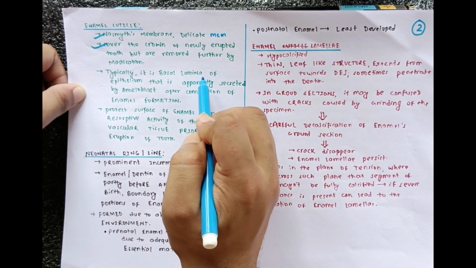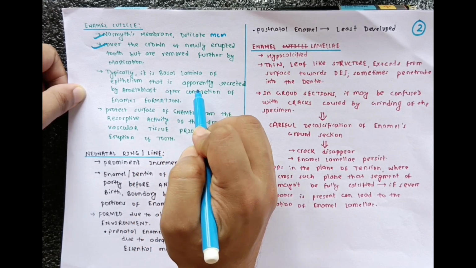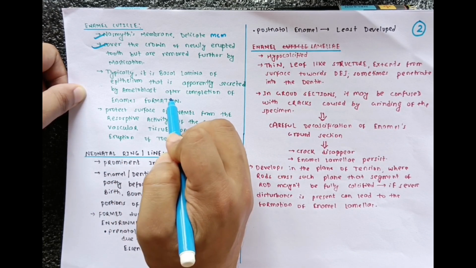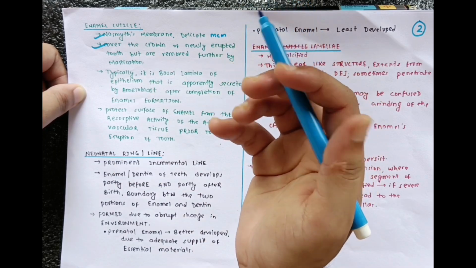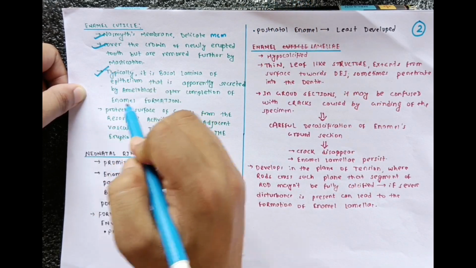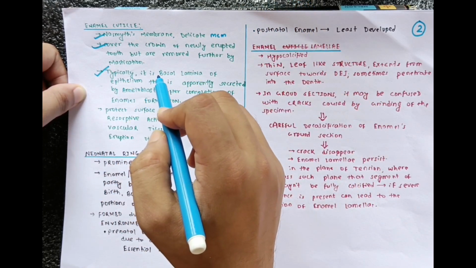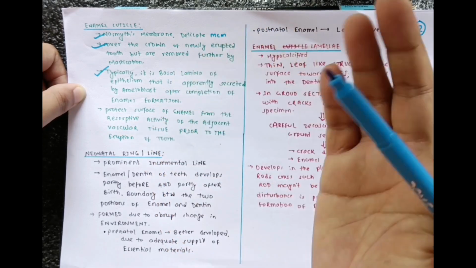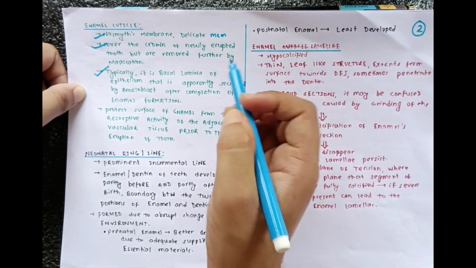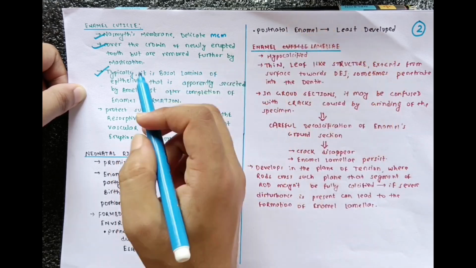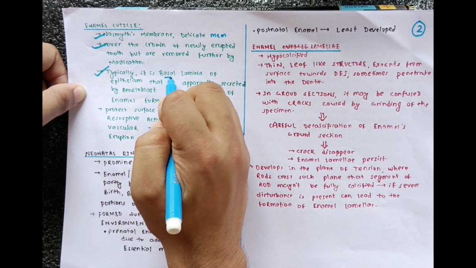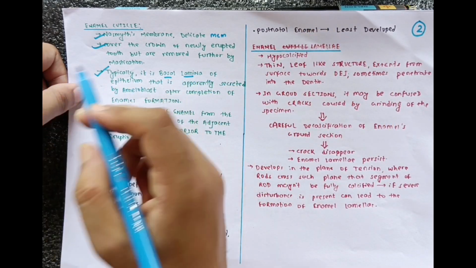Typically it is a basal lamina of the epithelium that is apparently secreted by the ameloblast after the completion of the enamel formation. So when the enamel is formed, this is a developmental portion, and I will be discussing the development of every part of the tooth in my other developmental series. But for now, you can remember that they are typically the basal lamina of the epithelium.